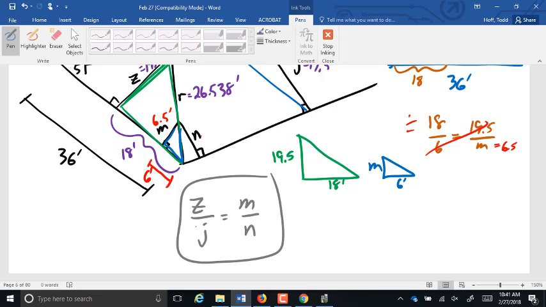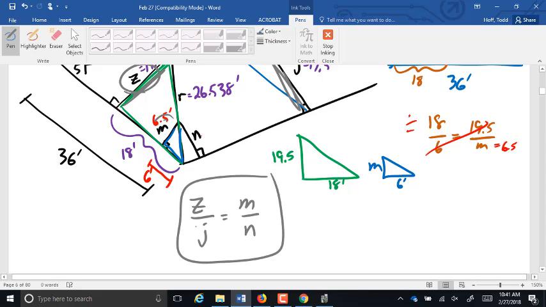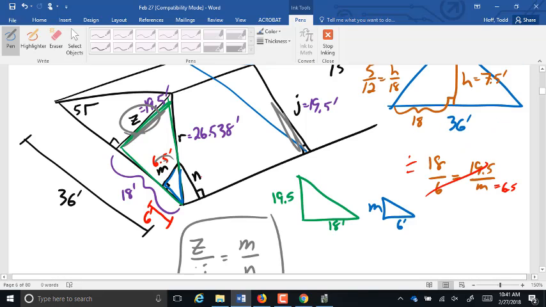Nope, you wouldn't need to do that. If you know Z here and J the common, the ratio between Z and J is always going to equal, because J can be drawn here so it meets the hip rafter at the peak, the ratio of any two rafters that meet at the same point on that hip.